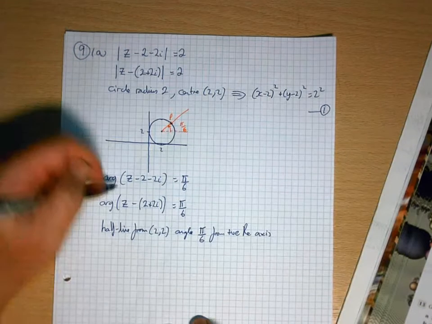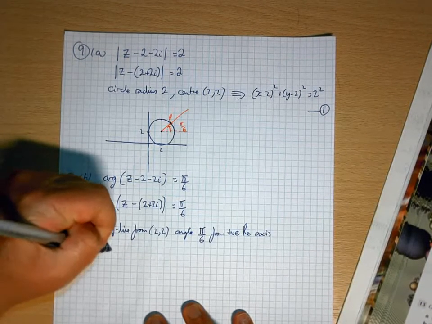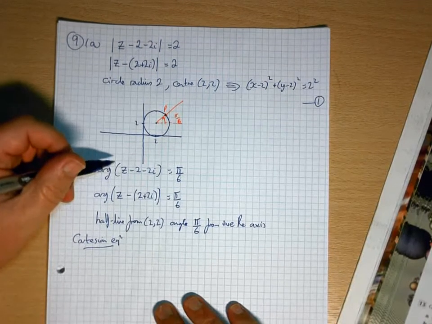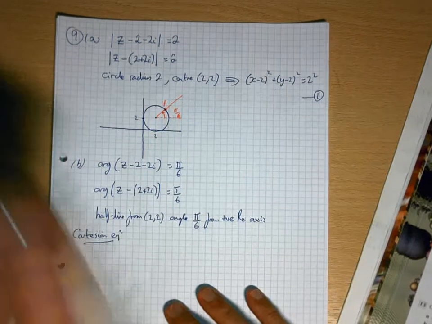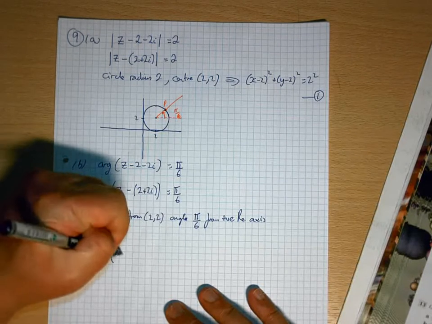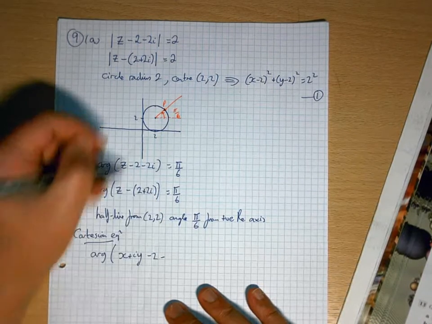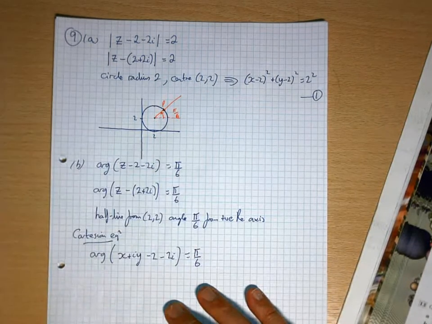But for this one now, what we need to do is replace the z with x plus iy, so that we've got the xy coordinate values in. So we get arg of x plus iy take 2 take 2i equals pi over 6.